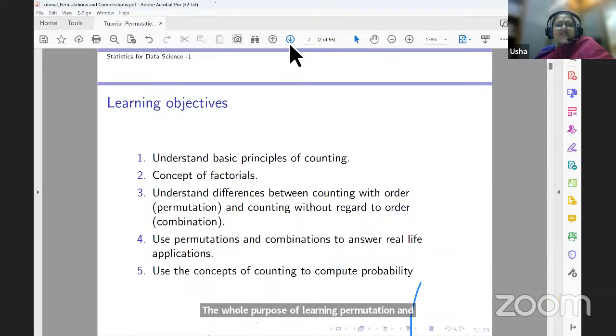Can we just restrict even the chat messages to only this session, please? Let's have some ground rules. Let's restrict the chat messages only for this session. Any other queries, you have the forum where you can discuss that.